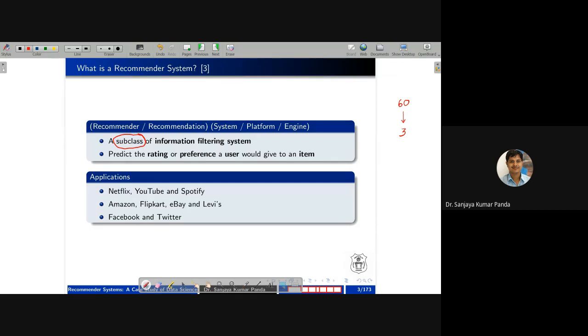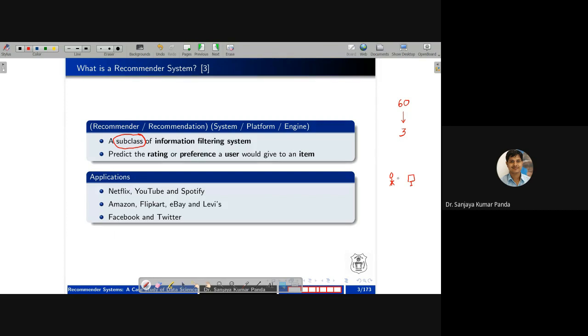Alternatively, in this recommendation system, we are predicting the rating or preference of a user, that is, what rating value the user is going to give after purchasing a particular item. Suppose a user has purchased a laptop, a desktop, or a computer system.